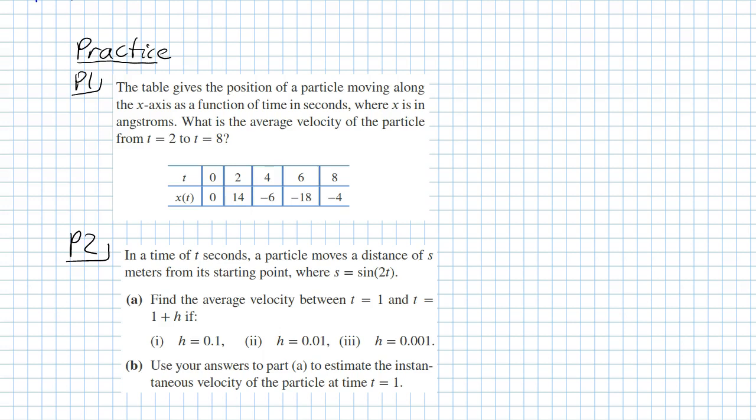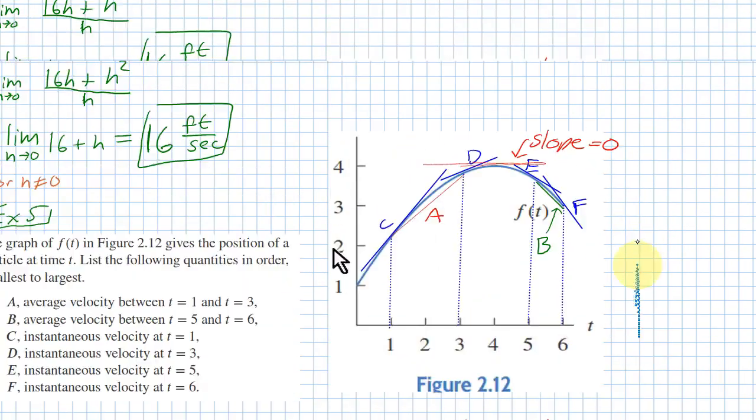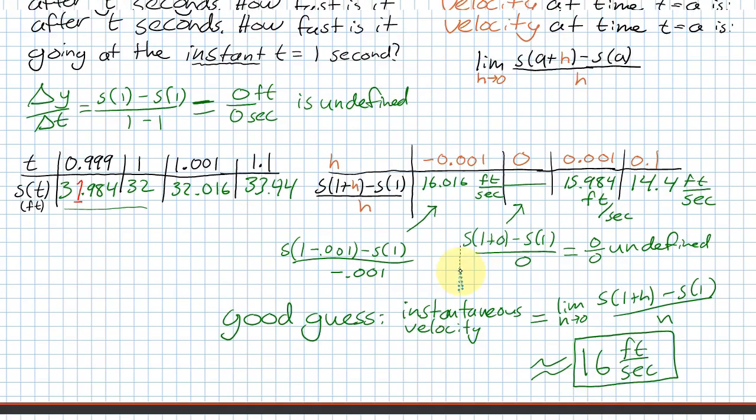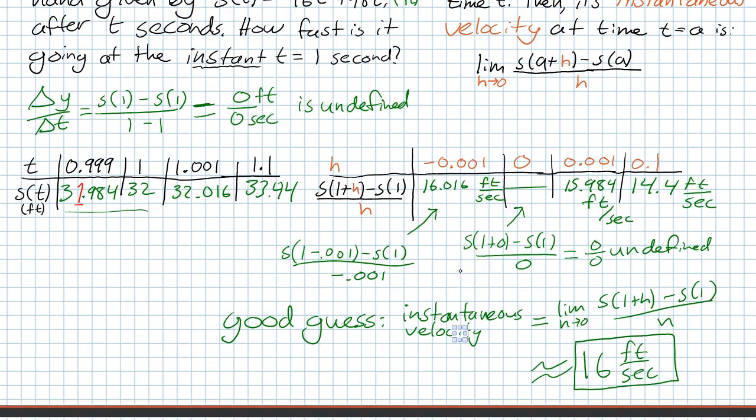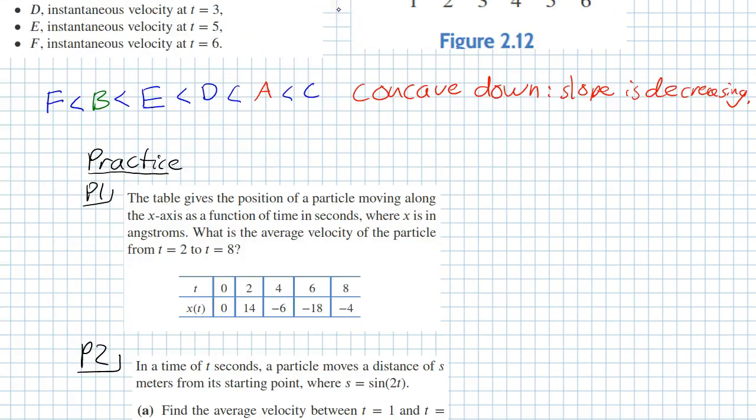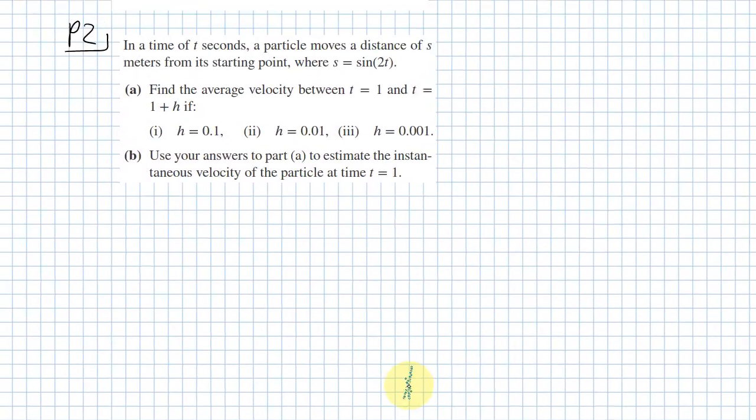For practice problem P2 here, the P is short for practice. I would recommend using the same method we did back here. With like 2 tables like this is one way to do it. Or you can organize your work however you want, but you're gonna have to calculate a bunch of numbers.